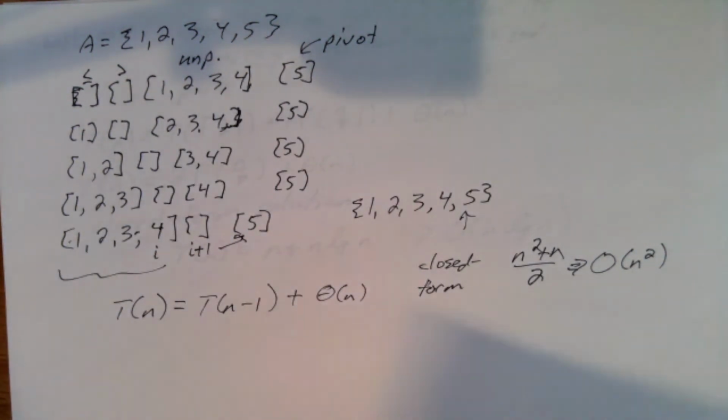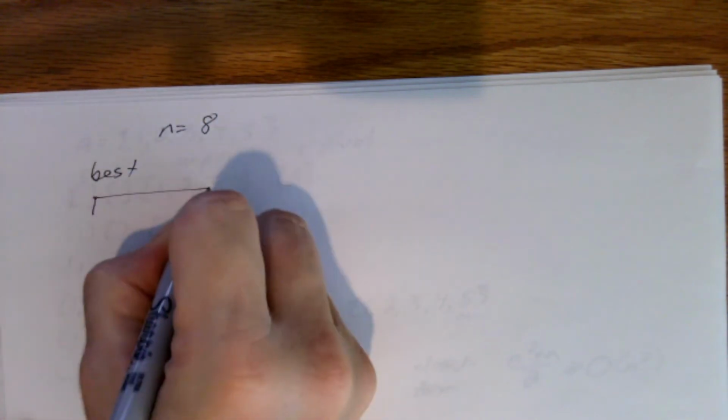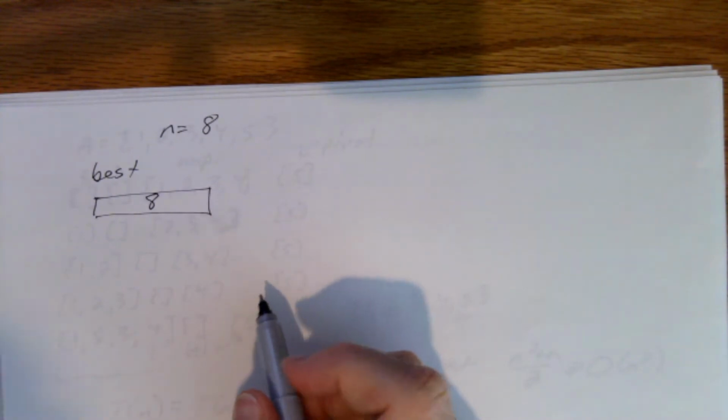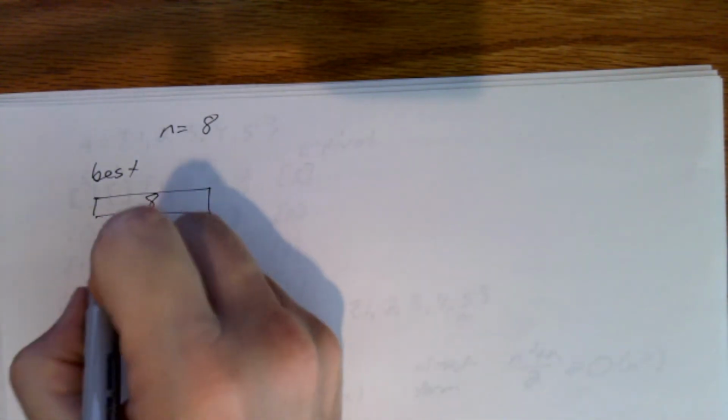So how could that be? Let's think about what's happening with the 2 cases. Let's say that n equals 8. For best case, we start with 8 elements, and we split that into 2 quote-unquote equal-sized parts.